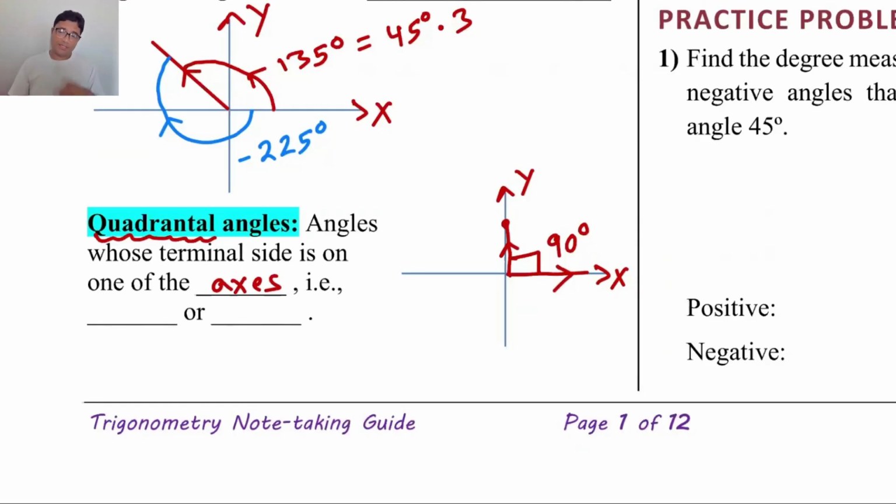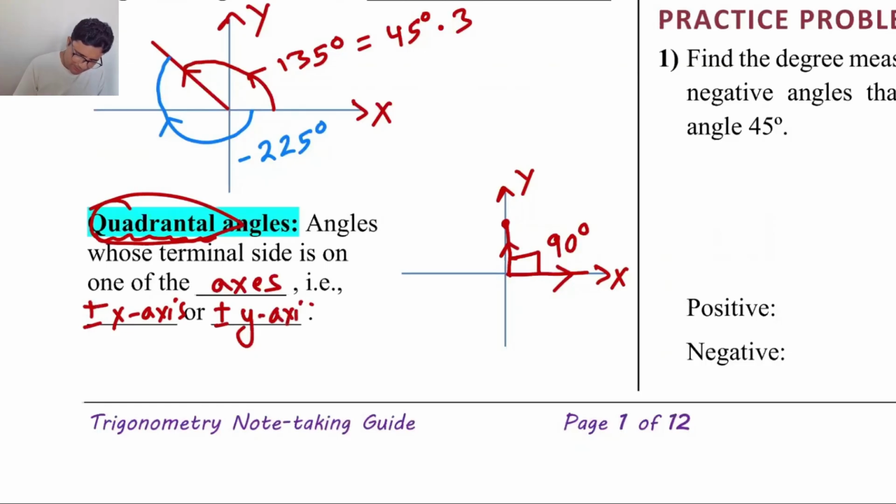If the terminal side is one of the axes, that means positive x-axis or negative x-axis or positive y-axis or negative y-axis, we call it quadrantal angles. That is positive x-axis, positive or negative. I'm writing plus minus to indicate positive or negative y-axis.